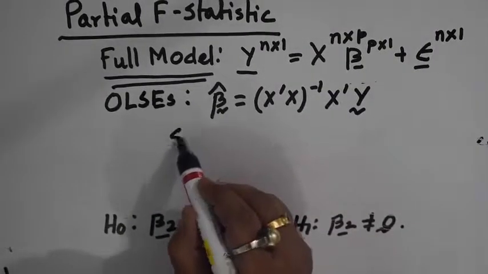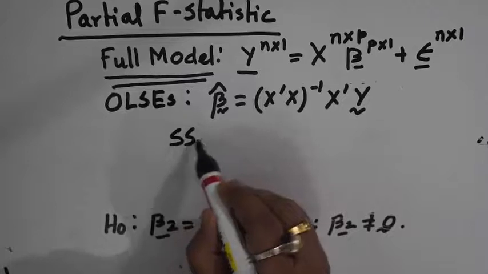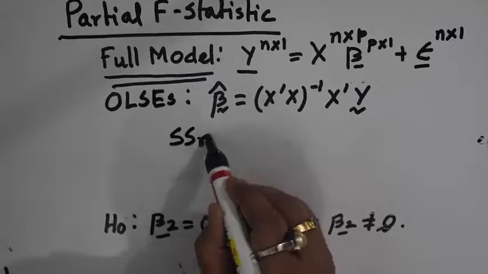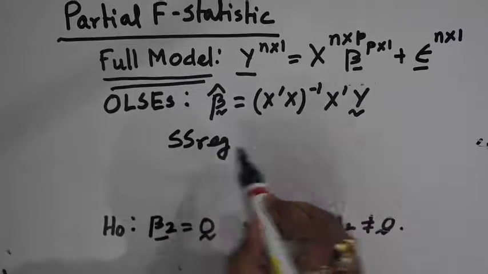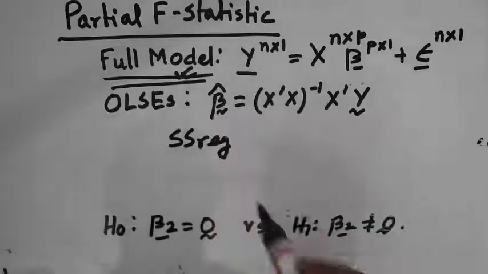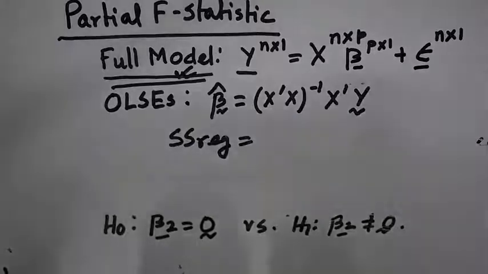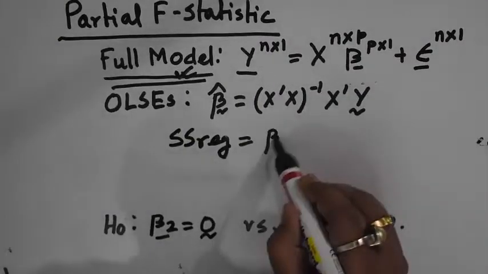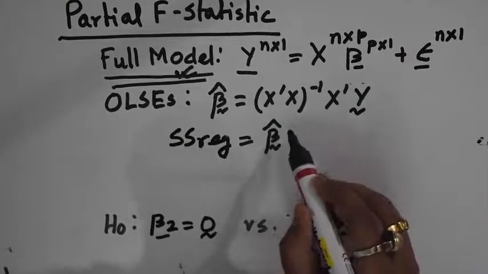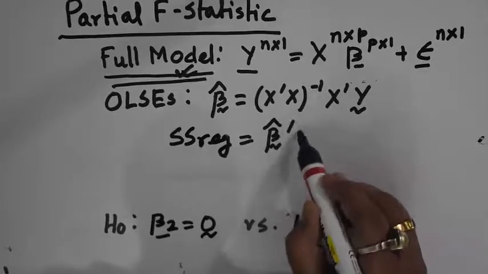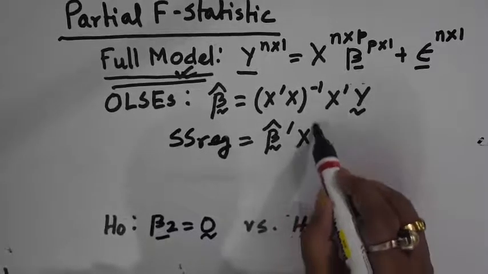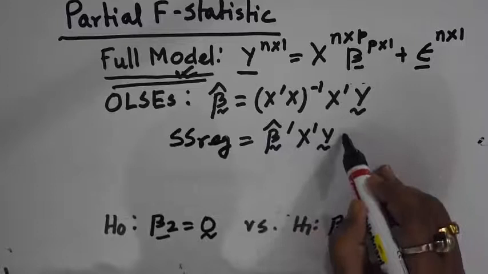And SS, that means sum of square due to regression for this full model, equals beta curl prime X prime y curl.